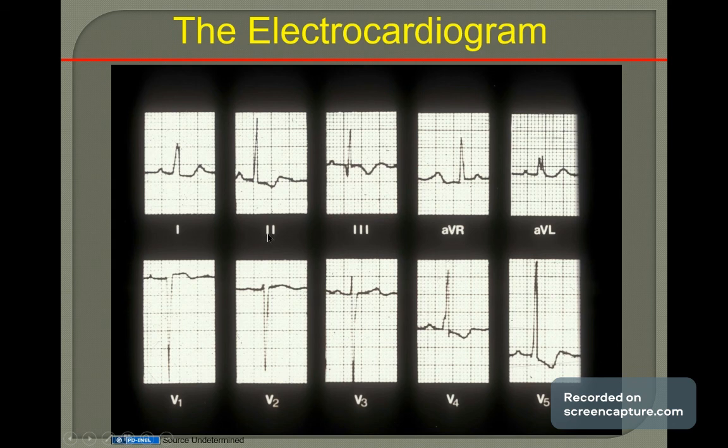Calculate the axis: minus 30 to 100 or 110 is normal. Here it is more than minus 30, maybe minus 45 or minus 40. The second finding you will find in these ECGs, maybe ischemic changes are seen, representing the angina.